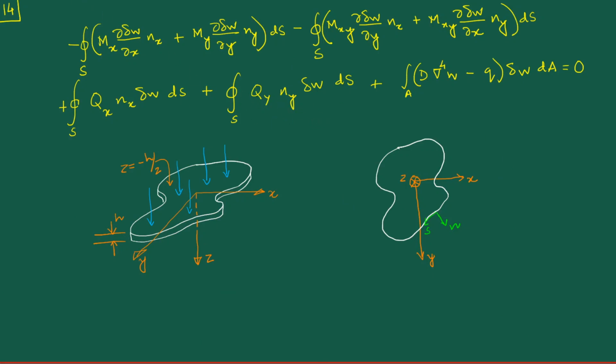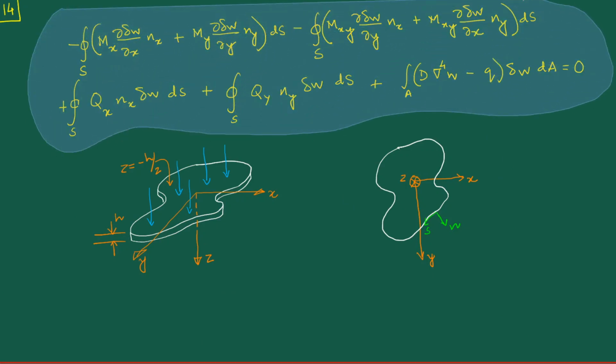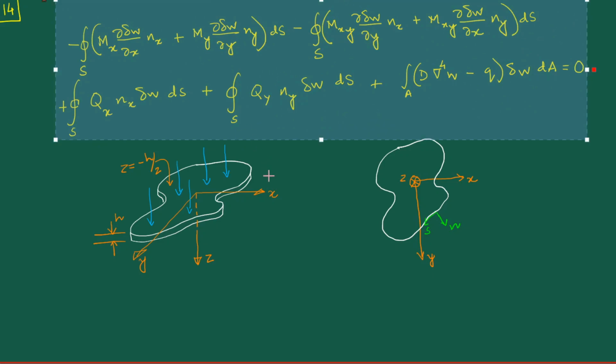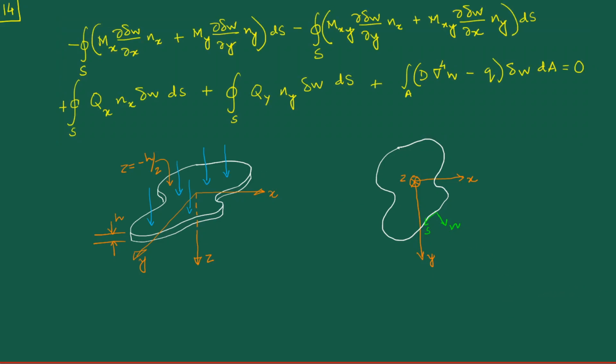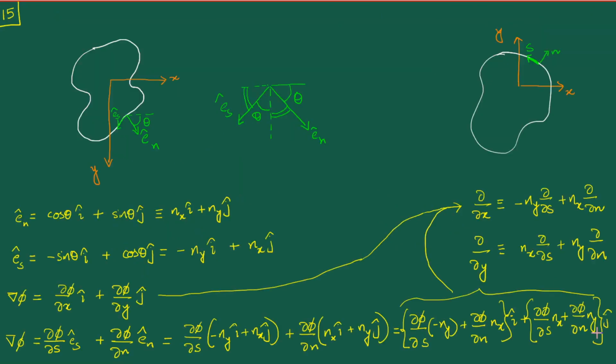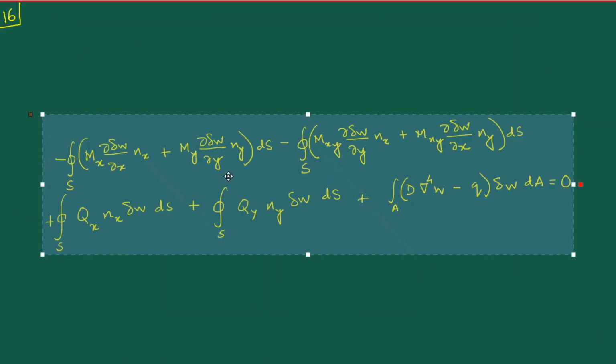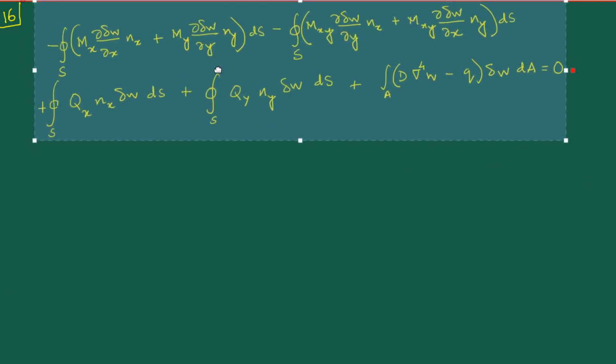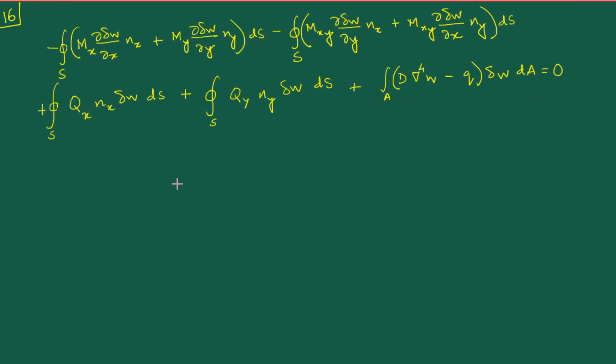So here, what I'll do is I'll just copy this equation and start working on this utilizing the relations which I had obtained in the previous video. So let me go to the new page, paste it here, and I'll start working from here. First of all, I will collect the terms which have the del x terms common.